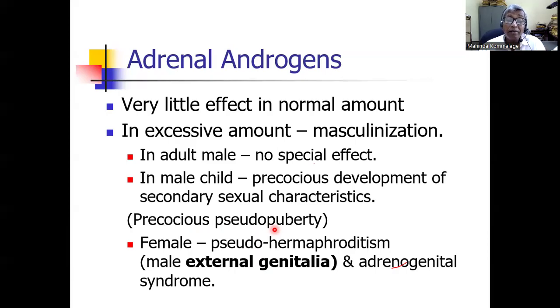In the female, of course, adrenal androgen, or testosterone, is not an important hormone, right? Especially before the development of secondary sexual characteristics, or in the very early days, if she gets increased androgen, she will get external male genitalia, because androgen or testosterone is important to develop the external male genitalia, the penis and so on.